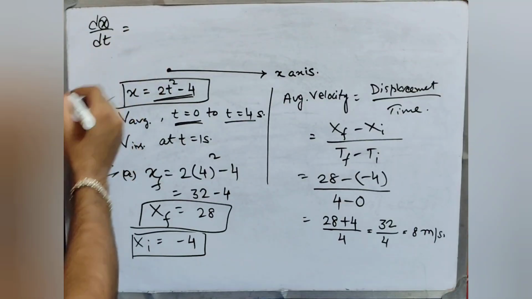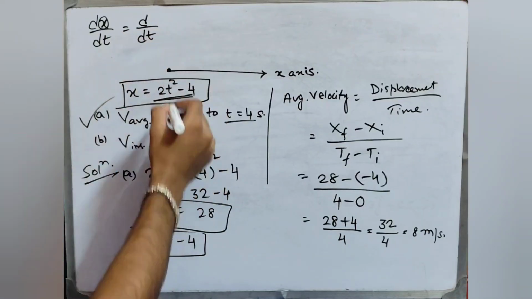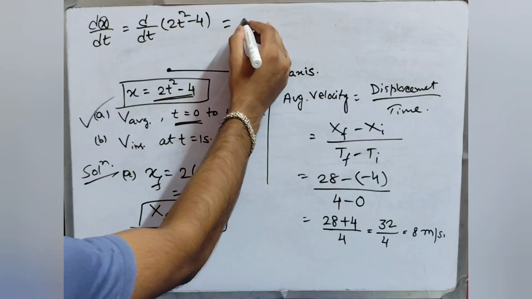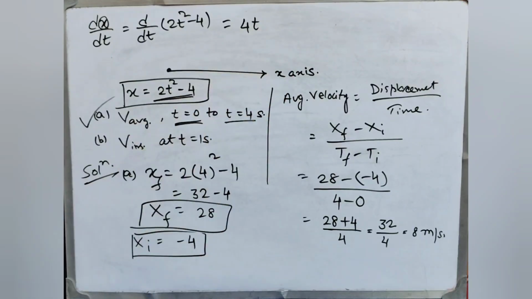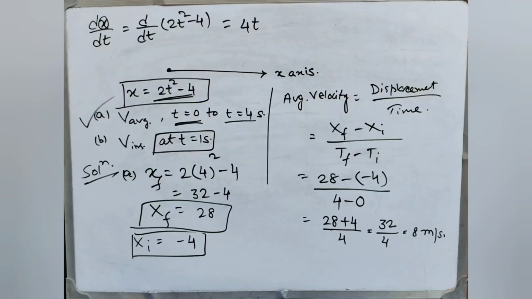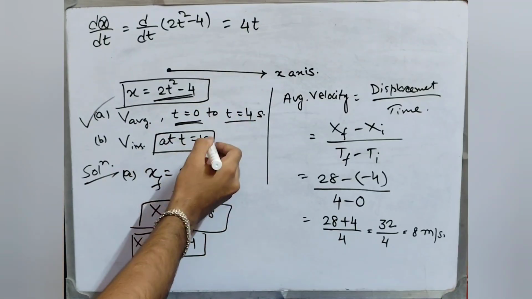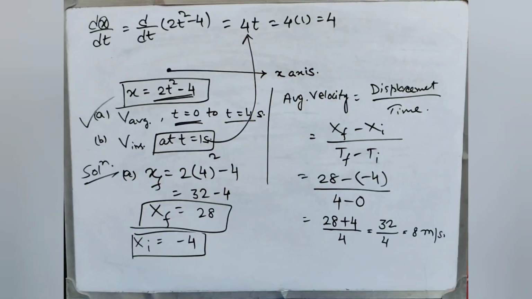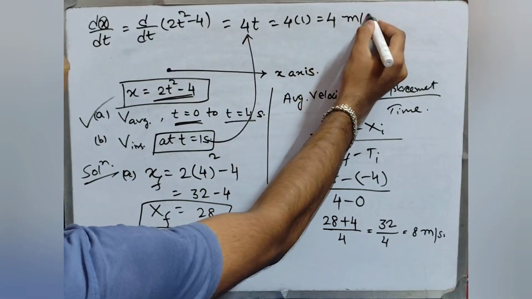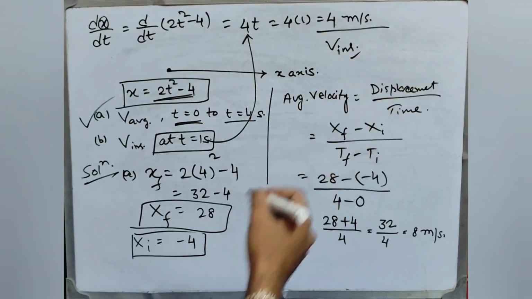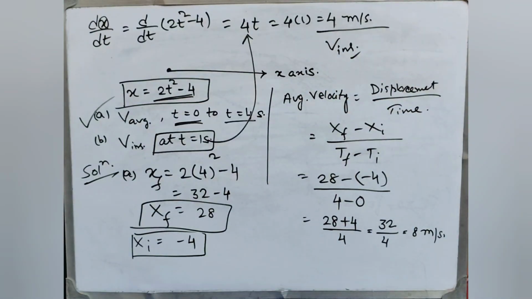So that is d by dt of 2t square minus 4, so 4t. Put t equal to 1 second here, so it will be 4 into 1, so 4 meter per second. This is your instantaneous velocity.